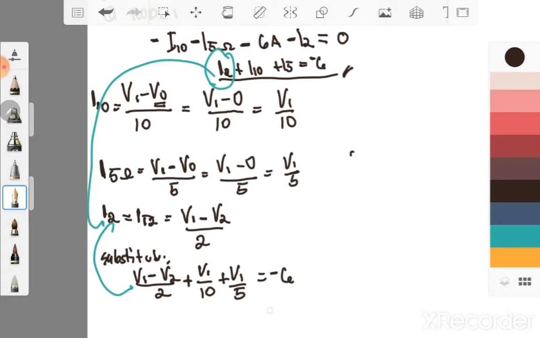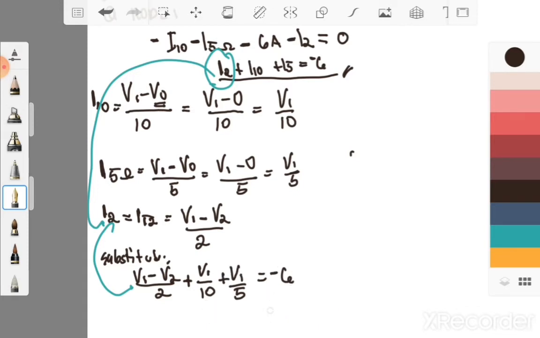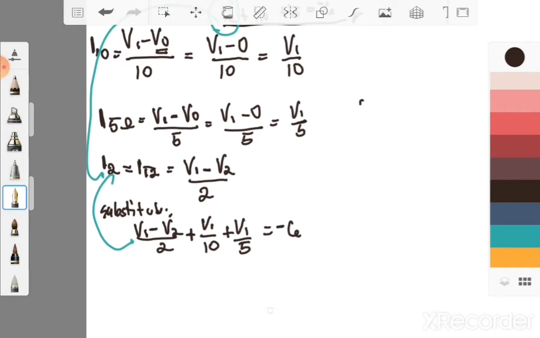So, anong next na solution natin, guys? So, we will add the same variables of your V1 and your V2. Yan. So, therefore, I may say that it is equal to V1 over 2 plus V1 over 10 plus V1 over 5 minus your V2 over 2, which is equal to negative 6.